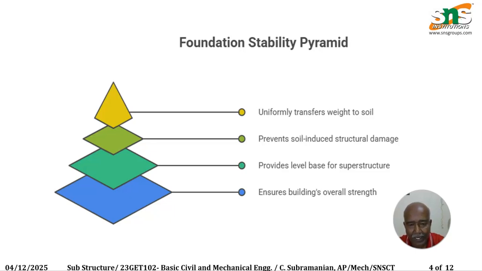Next, it provides the level base of the superstructure. The next level is to decide to which height we are going to construct the building, whether a single ground floor only, or else first floor, second floor and third floor. For that we have to provide a superstructure on the foundation itself.